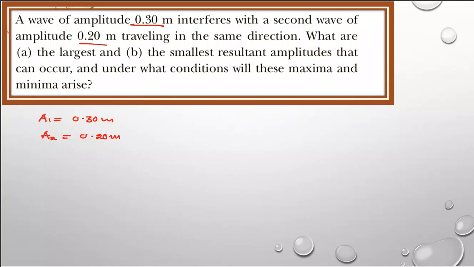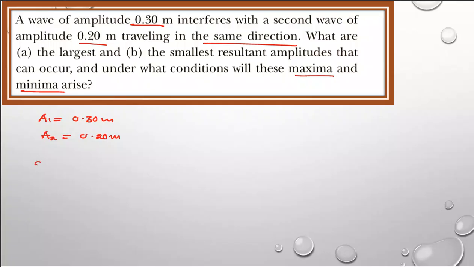These two meet and they are traveling in the same direction. What are the largest and the smallest resultant amplitudes that can occur, and under what condition will these maxima and minima arise? So the maxima results from the largest amplitude.